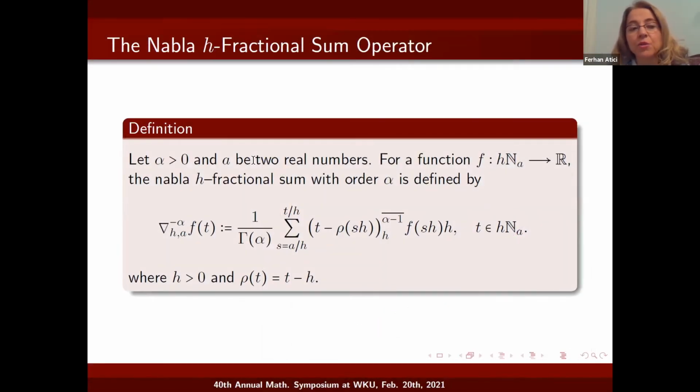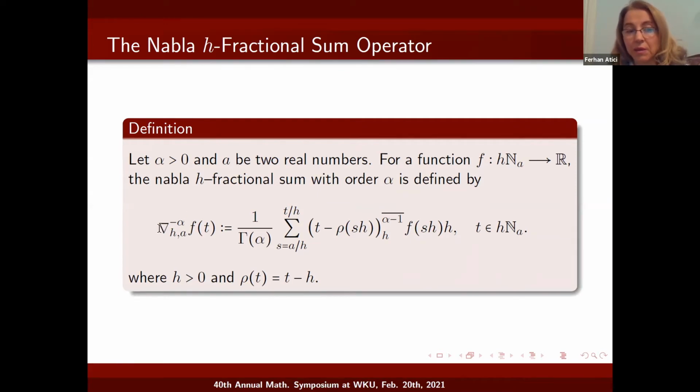I'd like to continue with the nabla h fractional sum operator. I am sure some of you haven't seen this before. Actually, this is a fairly new topic for mathematicians. If you want to compare what I am talking about here with the continuous version, I am talking about the integral of order alpha.